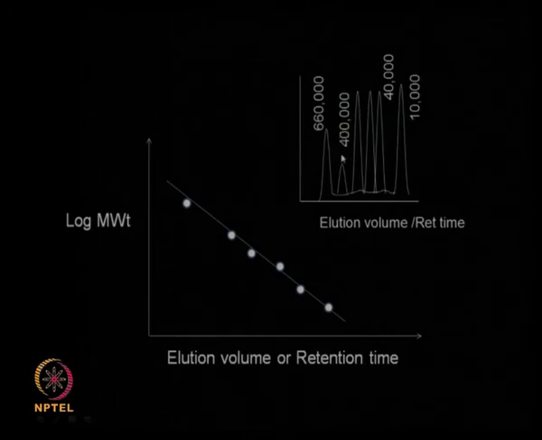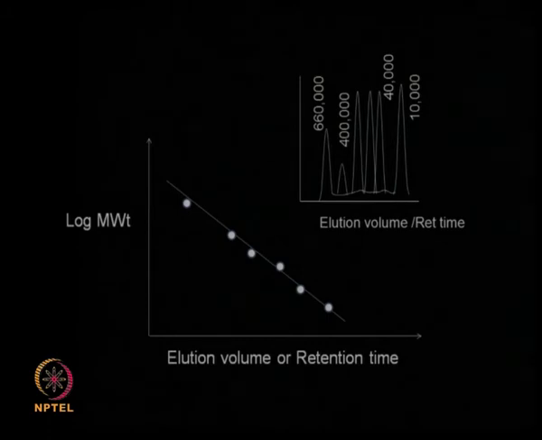Commercially you will be able to get known molecular weight synthetic polymers or known molecular weight carbohydrates. So you buy them, inject them, and then get the retention time. Then you plot a graph between log molecular weight versus the retention time. So you should get a nice line like this.